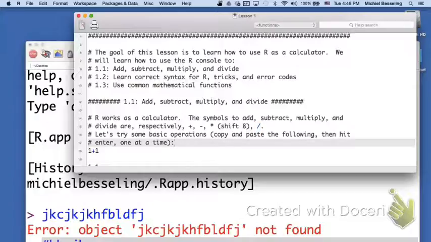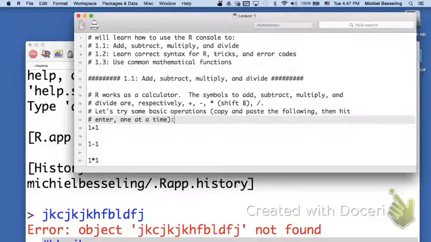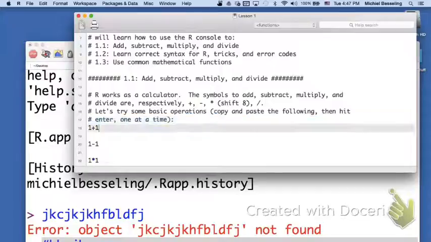So let's try some basic operations. The way I have set these lessons up is anything without a hashtag in front of it is code. So let's try doing 1 plus 1.